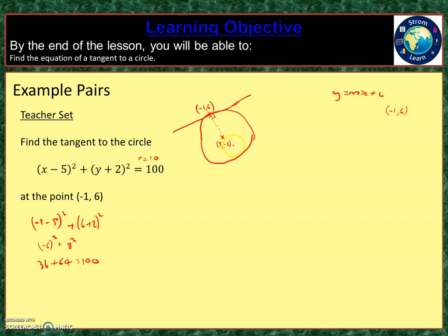So that's really helpful, because if I can find the gradient of the radius, I can then use that to find the gradient of the tangent. So how am I going to find the gradient of the radius? Well, I can use my diagram and use a diagrammatic approach. I'm just going to drop a vertical and then extend a horizontal, make a right angle. And then the gradient is the change in y over the change in x.